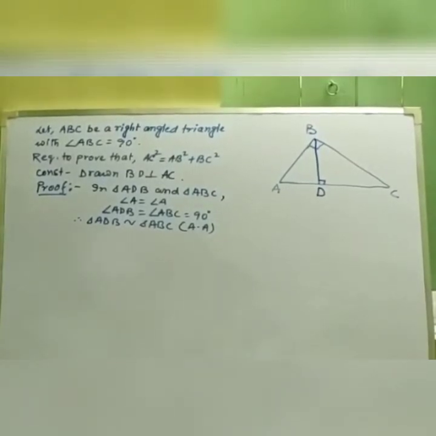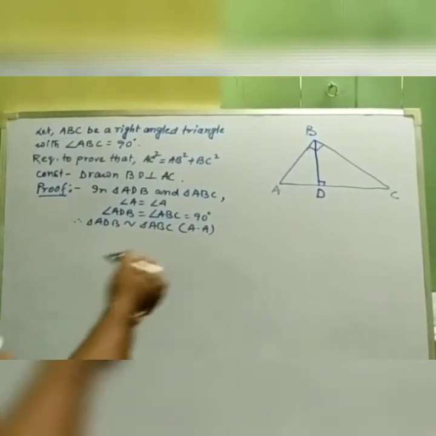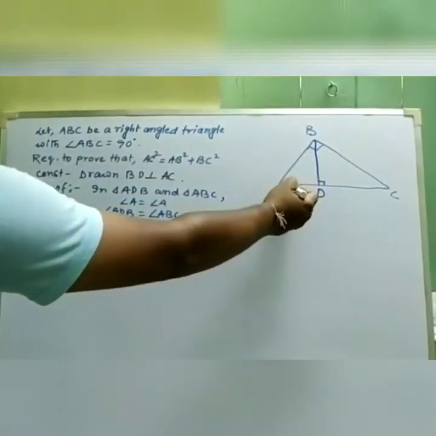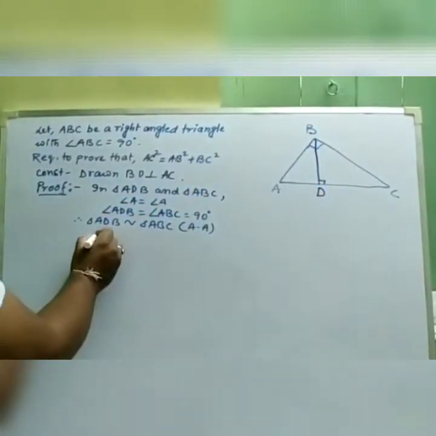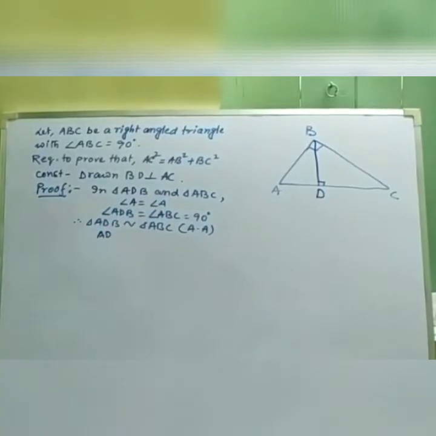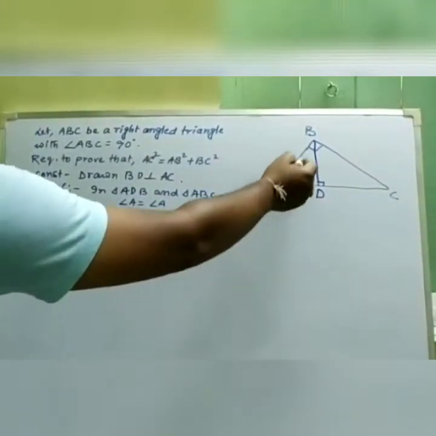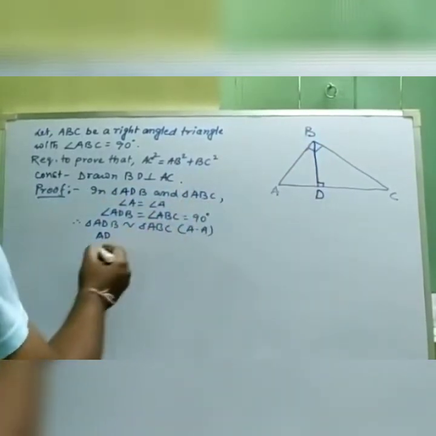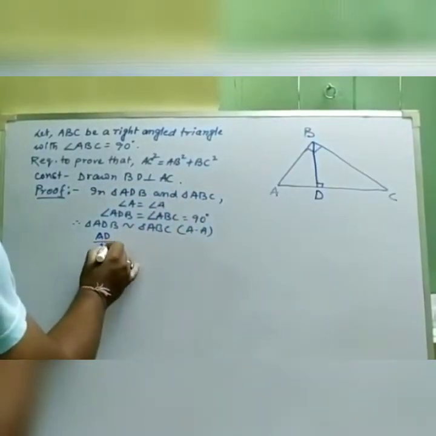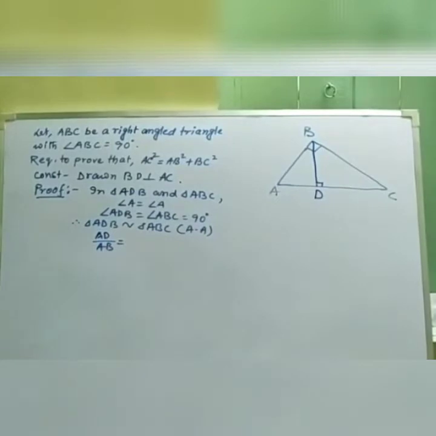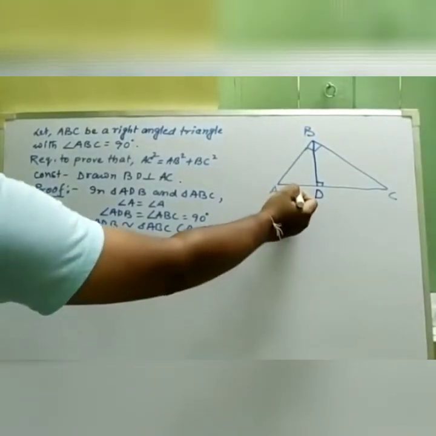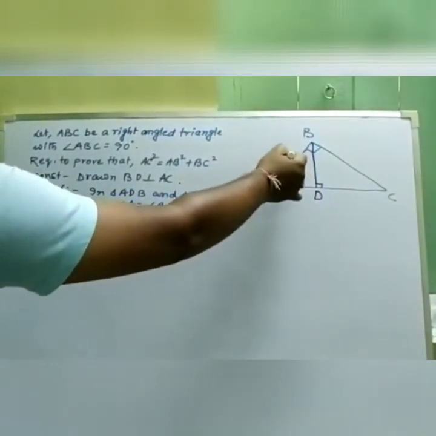As the triangles are similar, the ratio of the corresponding sides will be equal, and that ratio we will take as always base and hypotenuse. In triangle ADB, the base is AD, and the corresponding base of the whole triangle ABC is AB.